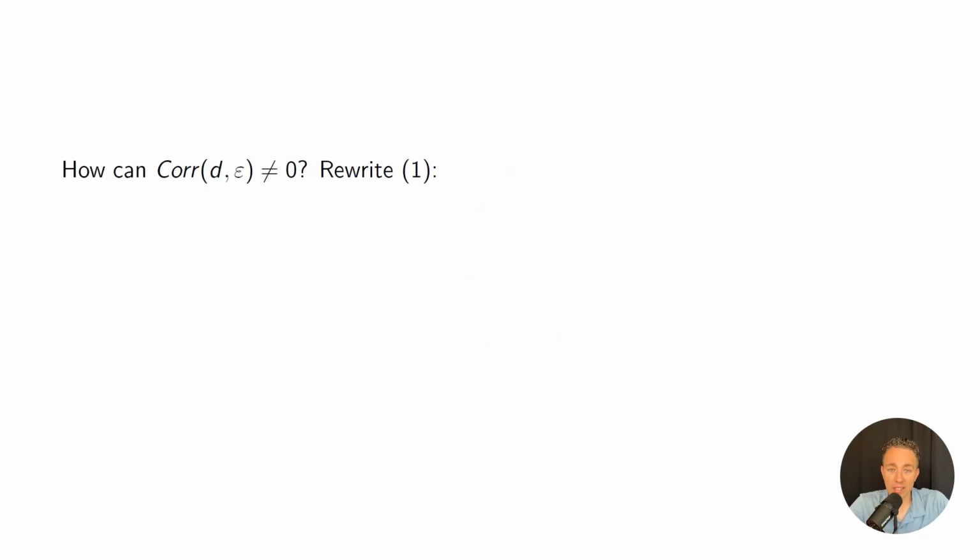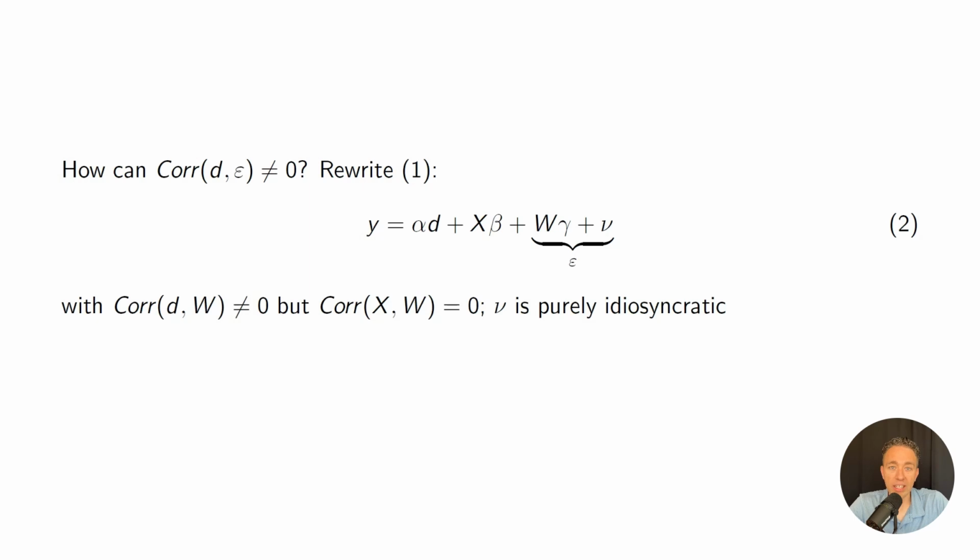So how can D and epsilon be correlated? You might be thinking, well, I thought that epsilon was independent of all of the X and D. Well, it's helpful to rewrite this equation in a different form. And in this form, we're recognizing that there are other covariates, W, that we can't observe that are embedded in epsilon, so that epsilon is a combination of a pure noise term, which we're denoting by nu here, and an index of unobservable covariates, W times gamma.